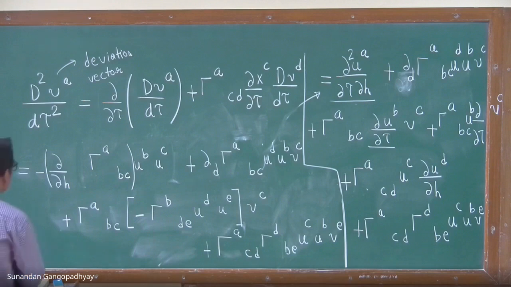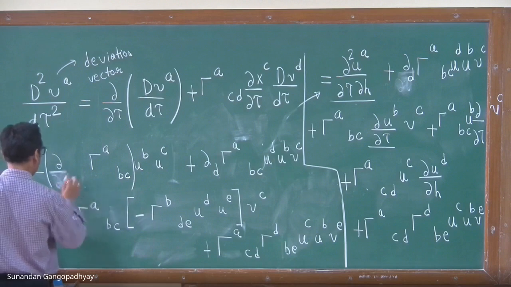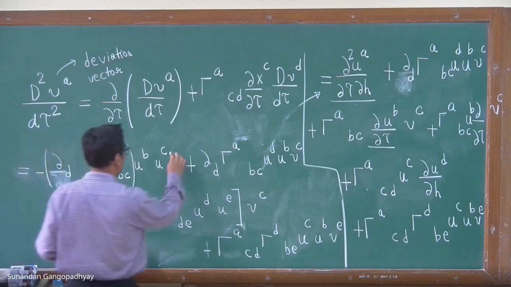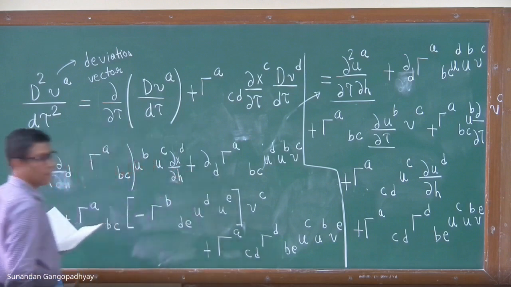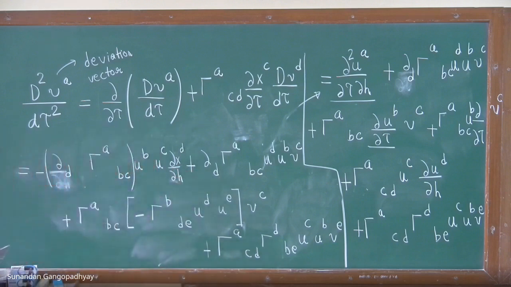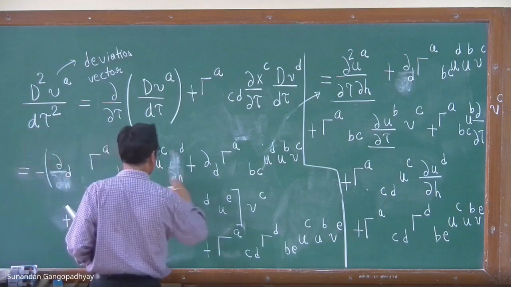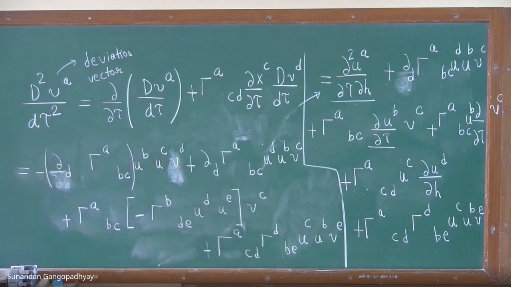Okay. So let us concentrate on this term. This term, we shall write it down as, again chain rule, del gamma del x d del x d del h. But what is del x d del h? Del x d del h is Vd. This term is taken care of.